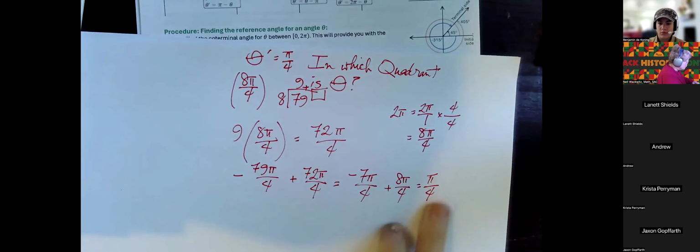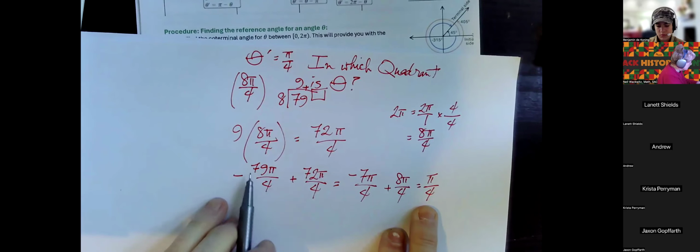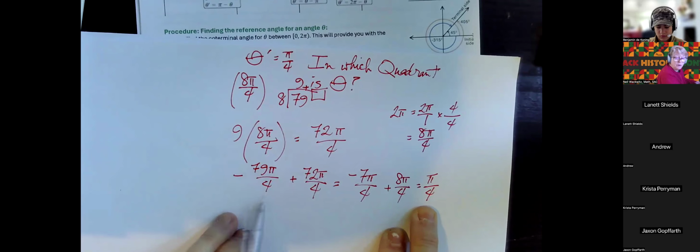We want the denominator to be 4, so we're going to multiply by 4 and we get 8 pi over 4. And 8 pi over 4 minus 7 pi over 4 is pi over 4. Good. The coterminal angle for negative 79 pi over 4 is pi over 4, the one that we want.